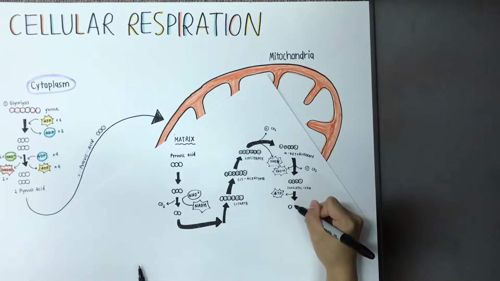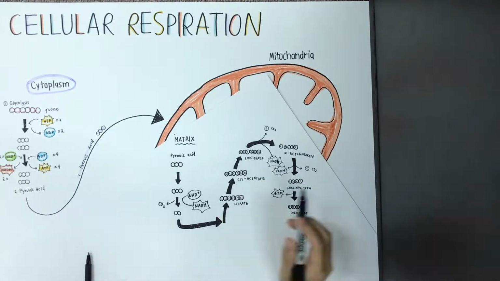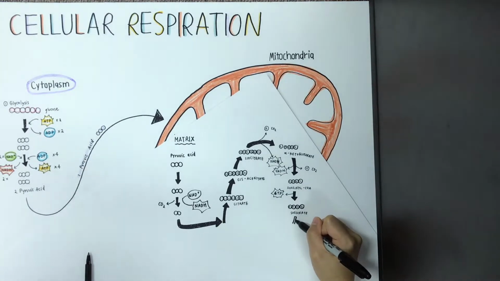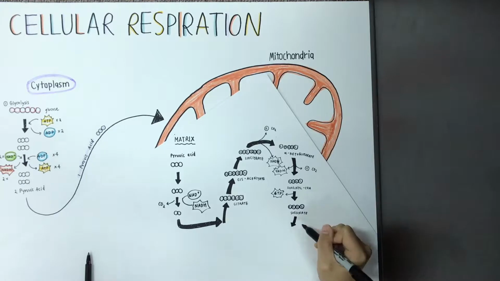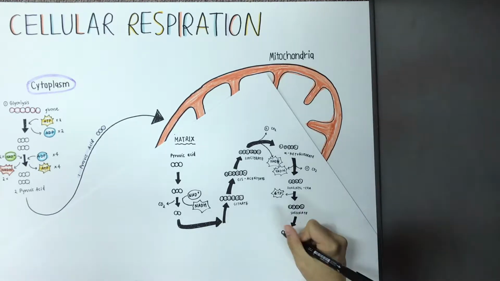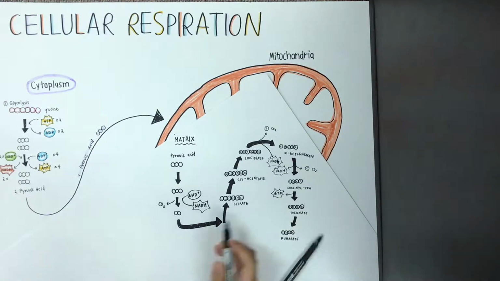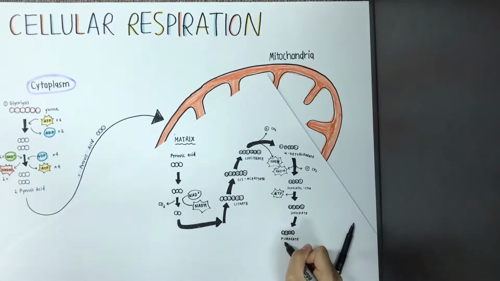Then, the succinyl-CoA is converted to succinate. After that, succinate converts into fumarate. Fumarate becomes malate. And FADH2 is produced.